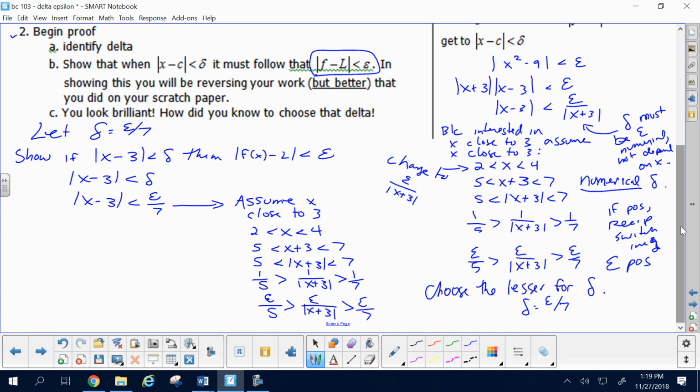Checkity check. Now here's where the beautiful logic comes in. Go back to your proof. We just left off saying that the absolute value of x minus 3 is less than epsilon over 7. But I also just showed that epsilon over 7 is less than epsilon over the absolute value of x plus 3.